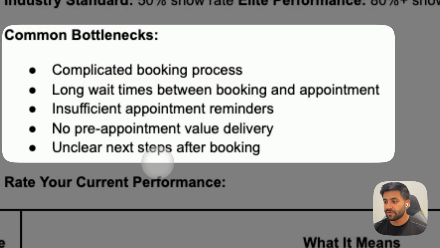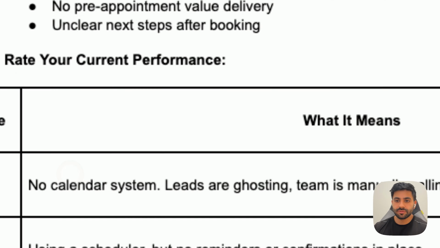So if you're not delivering value from the moment someone books the appointment and every time they're reminded about their appointment, you're just increasing the chance that they don't find it important, so they won't show up. And if people are confused, you're just giving them an excuse not to show up. So having unclear next steps after the booking happens is one of the worst things you can do.